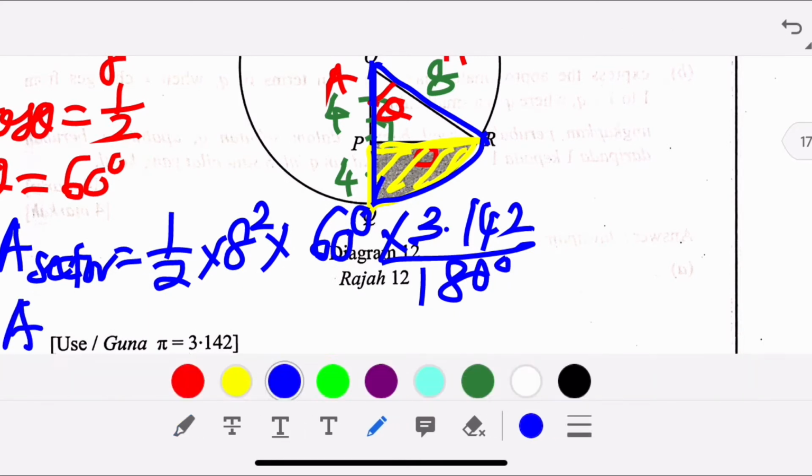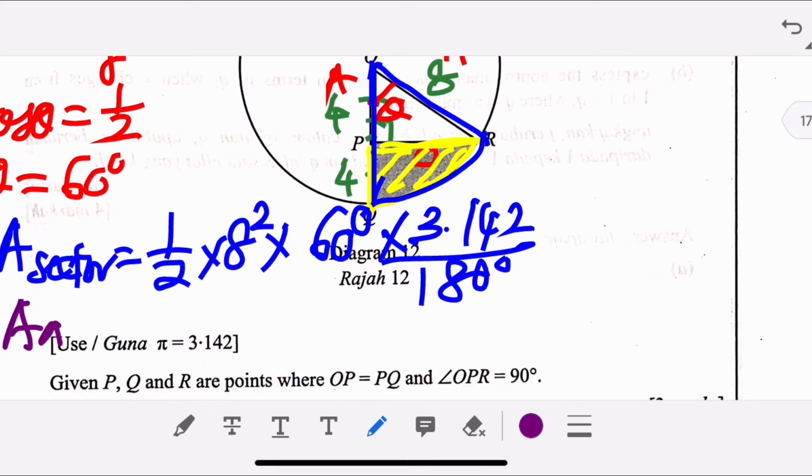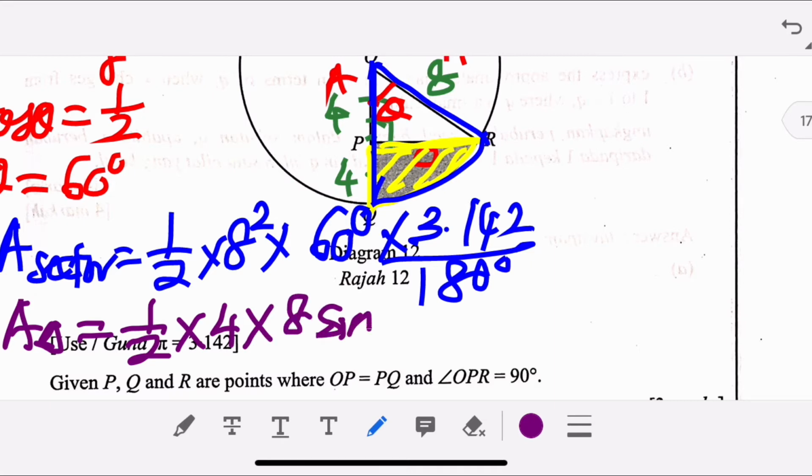Area of the triangle is equal to 1/2 times 4 times 8, half AB sine C. Then we will get the answer after we subtract.